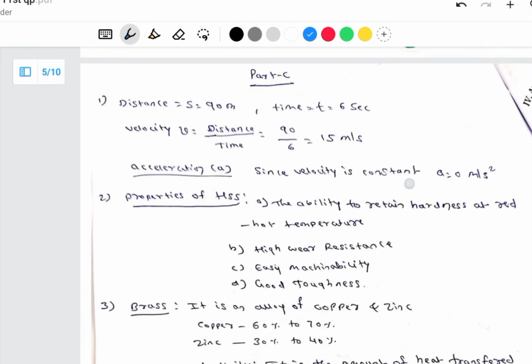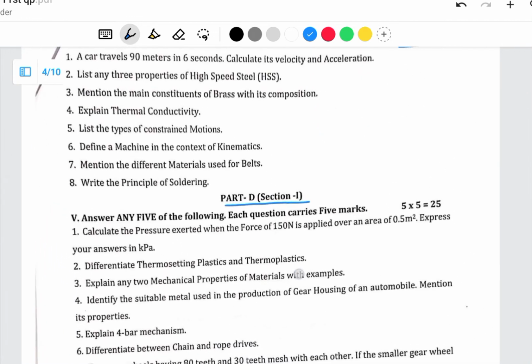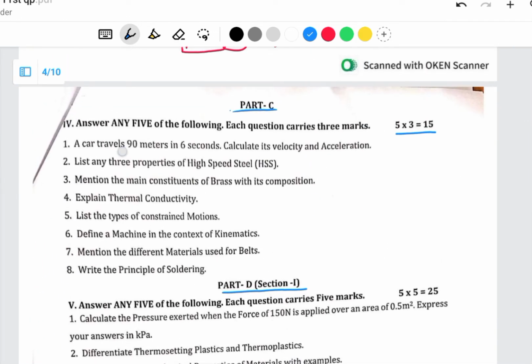In the question, the distance is given here. A car travels 90 meters in 6 seconds. Calculate the velocity and the acceleration. To calculate the velocity, the formula is distance upon time.